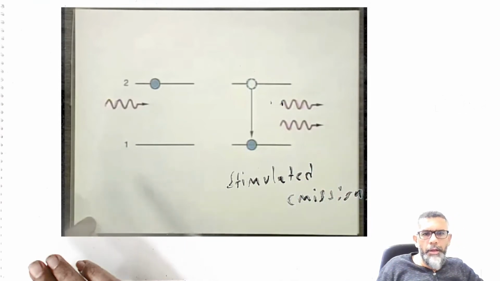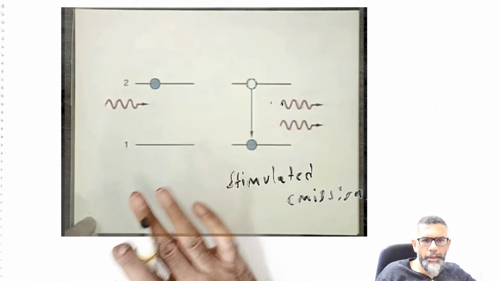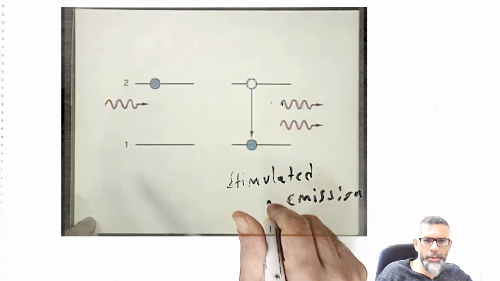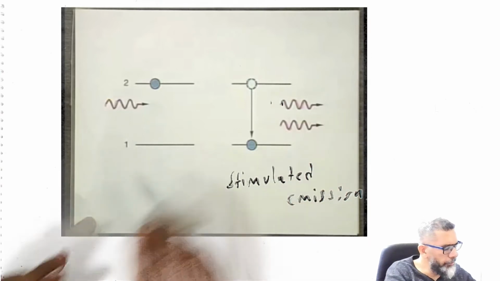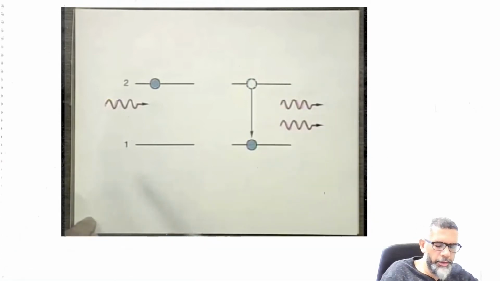Spontaneous emission is the type of emission we don't want in a laser. It is not going to work to operate a laser. Rather, we use stimulated emission. You have to know the difference between these two types of emission.